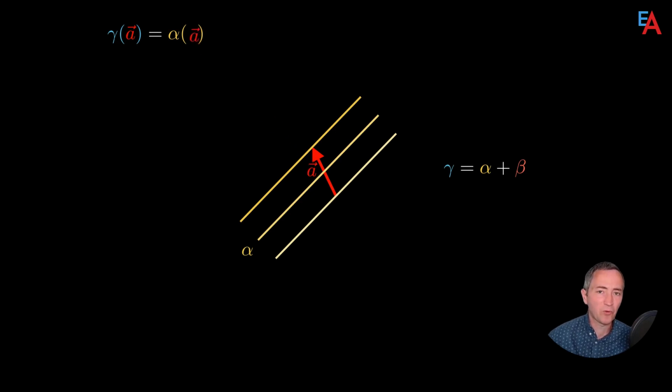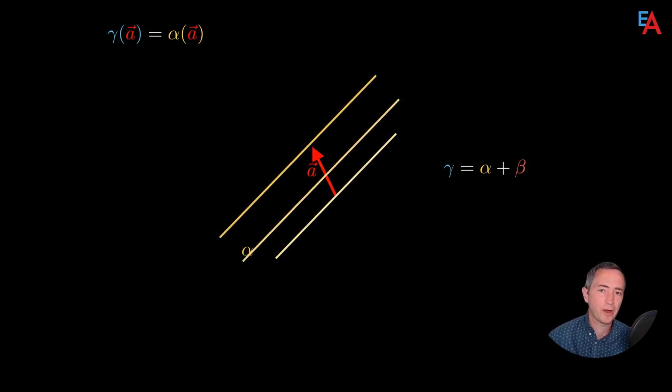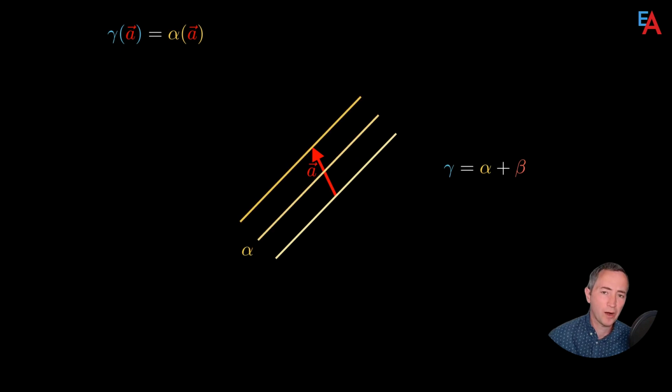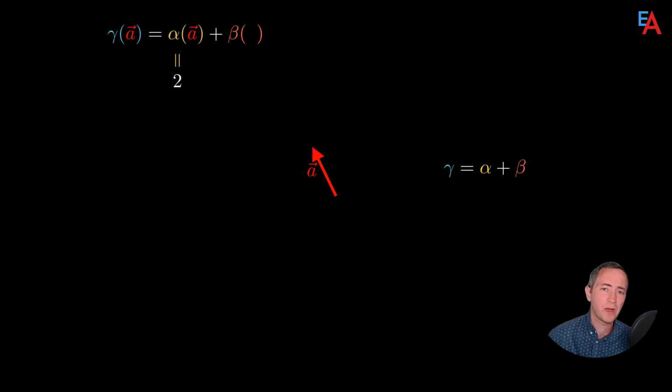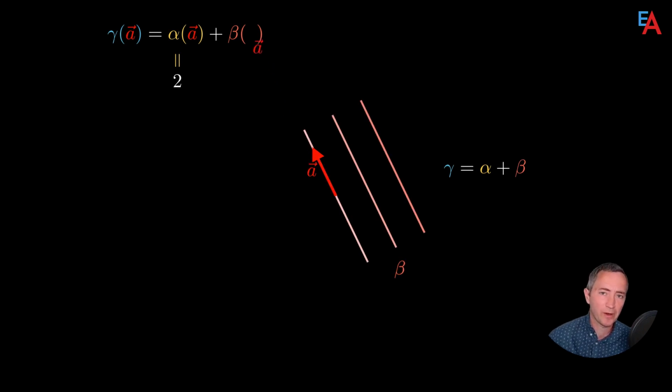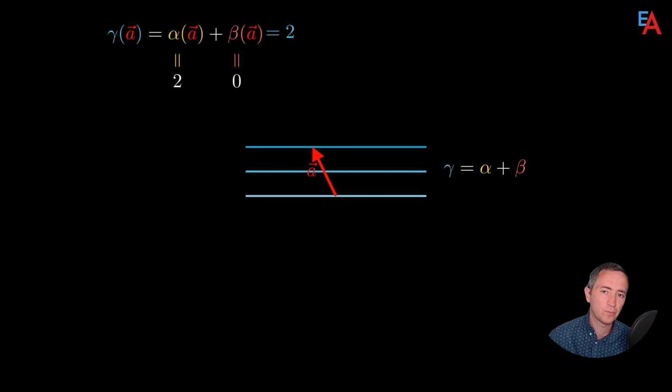As we can see from that picture, the vector A crosses exactly 2 lines of form alpha, so the value of form alpha on vector A is equal to 2. And we should add to this the value of form beta on the same vector A. But vector A was chosen to be parallel to the lines of form beta, so that value is equal to 0. And as the result we get 2.